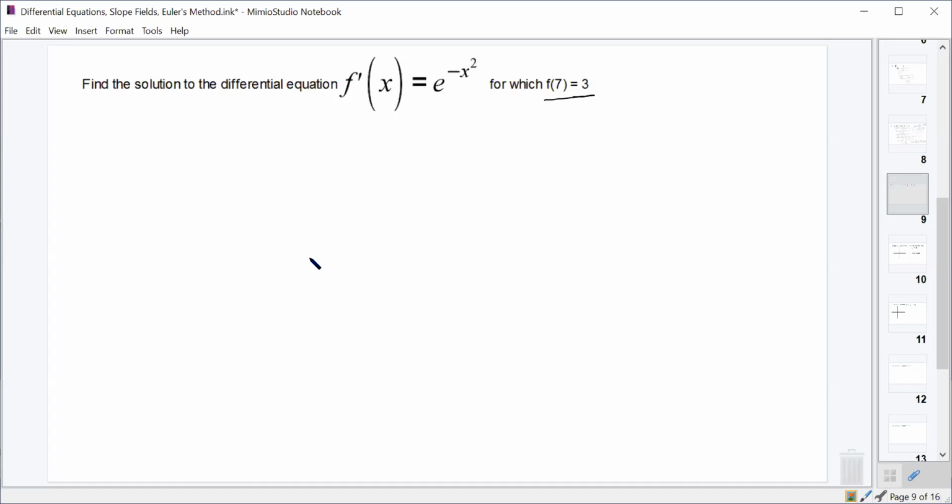It looks like e to the negative x squared. I think that's the best way to say it. So there's a function whose derivative looks like e to the negative x squared, or there's a graph of something in the coordinate plane that has e to the negative x squared as its derivative. But there is no way to write a function that explicitly has this derivative.